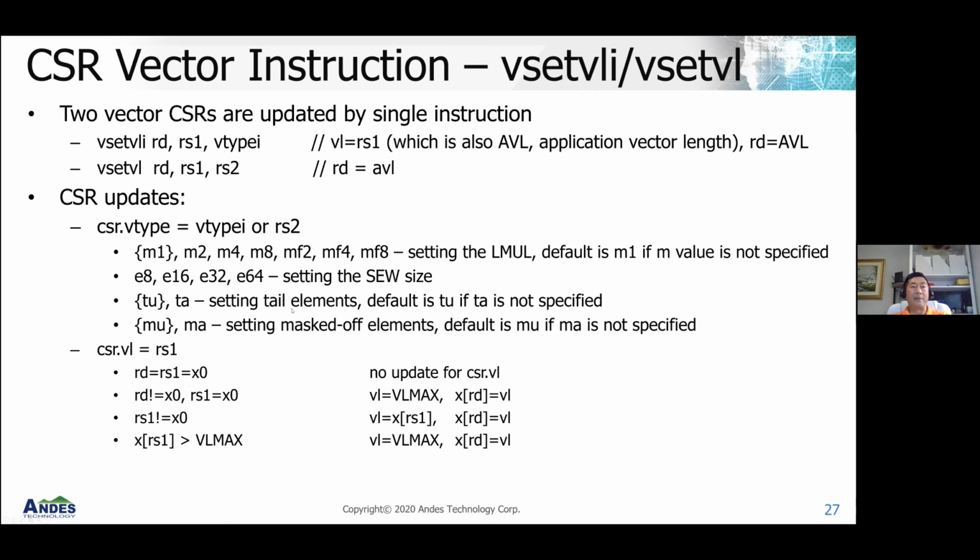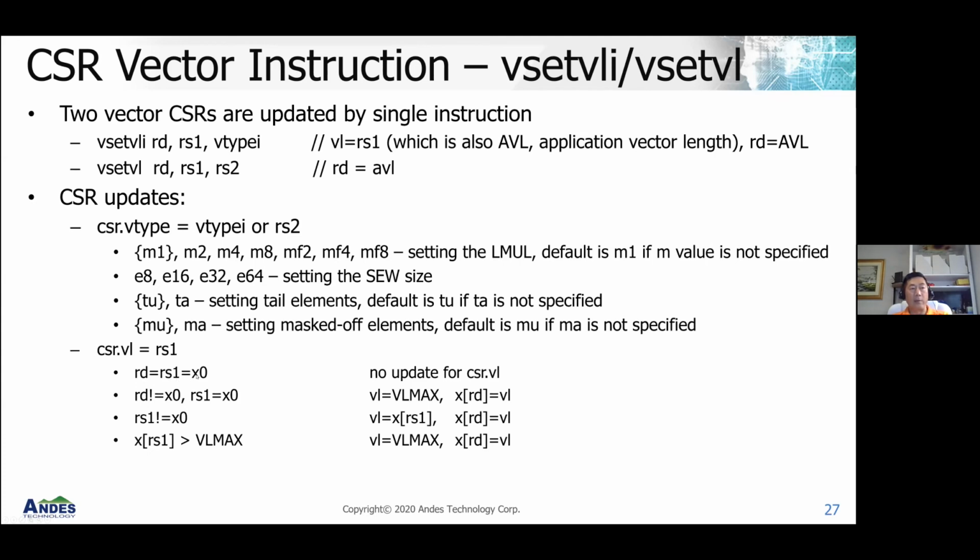Then you can set the tail elements and the mask elements to be agnostic or not. The default here is, of course, LMUL equal to 1, and the default here should be undisturbed.